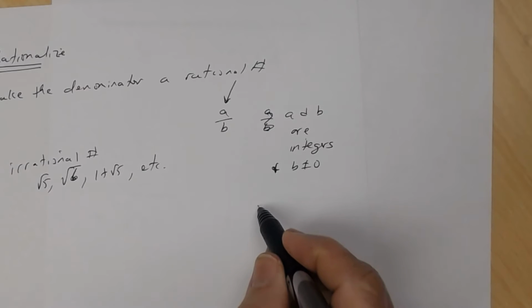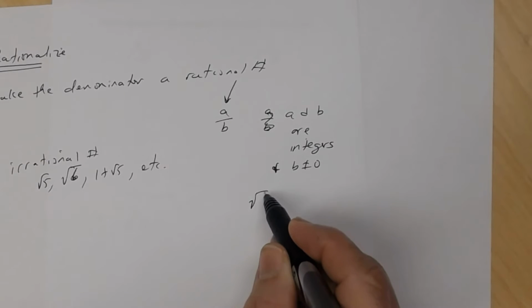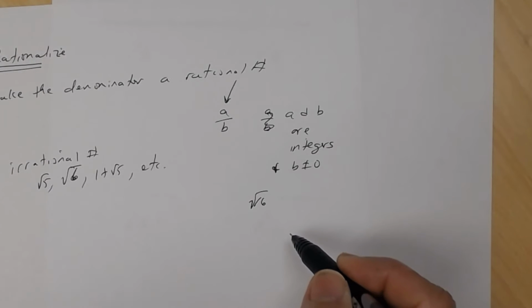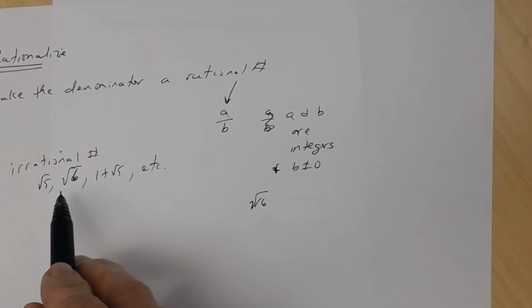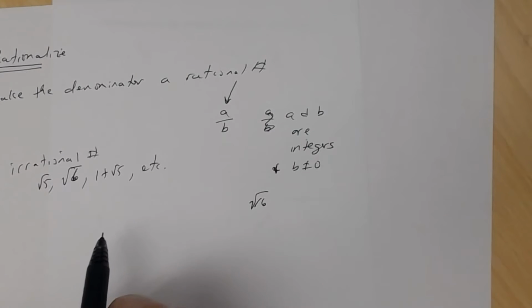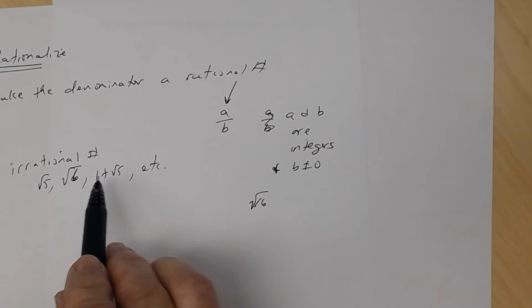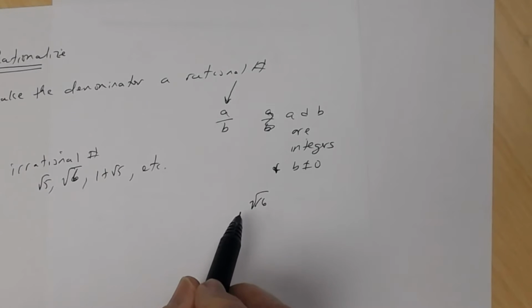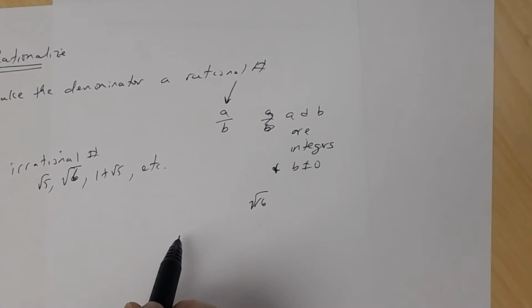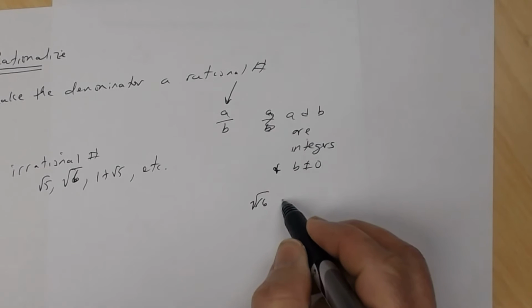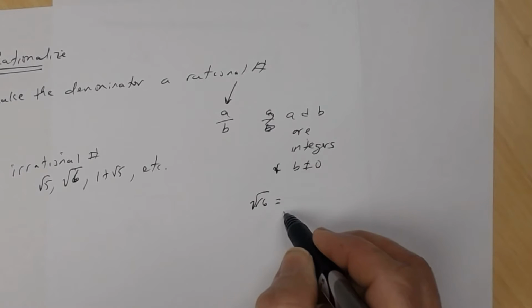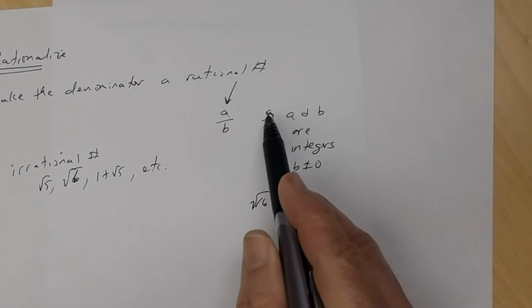Okay, so for example, you may see every term here has a square root in it. And yes, these are irrational numbers, but the square root of 16 is not an irrational number. The square root of 16 is rational, because I can rewrite it as a fraction.